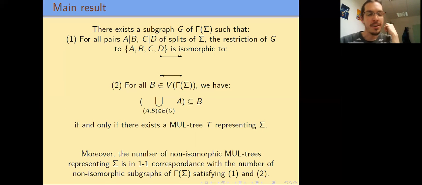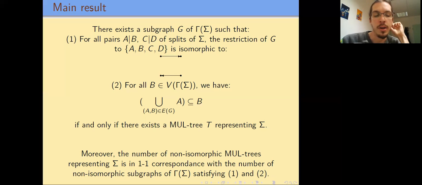Before that, I forgot: the number of non-isomorphic MUL-trees representing my split system is in one-to-one correspondence with the number of non-isomorphic subgraphs of my containment graph satisfying 1 and 2. That's interesting because that tells you how many distinct representations you can find.